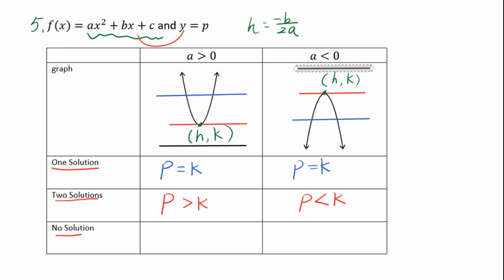So for a greater than 0, we know this p is less than k. For a less than 0, this p greater than k, so that there's no intersection between these two functions.